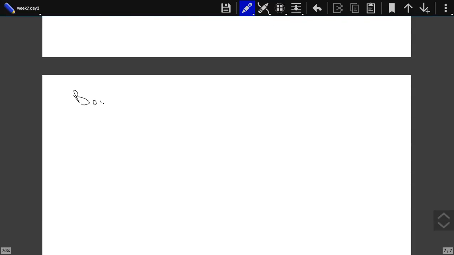Now let's look at some boundary conditions. Here the boundary condition that we will be interested in is basically, in real life, what are the problems that we are interested in? Let's look at the window.